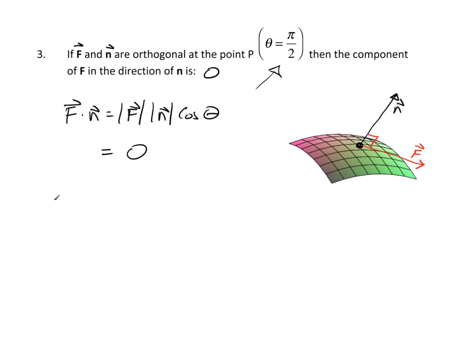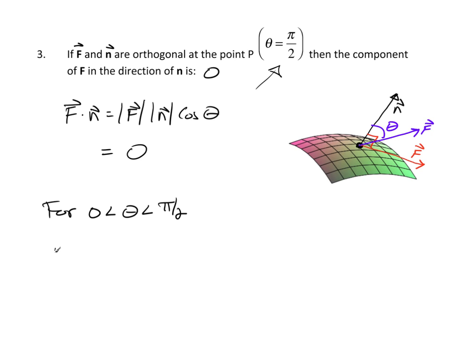Now, a situation which I think is more common is 0 less than theta less than pi over 2, where the vector field has some other angle theta. I want to emphasize that the direction of the vector field at this point has this angle theta.